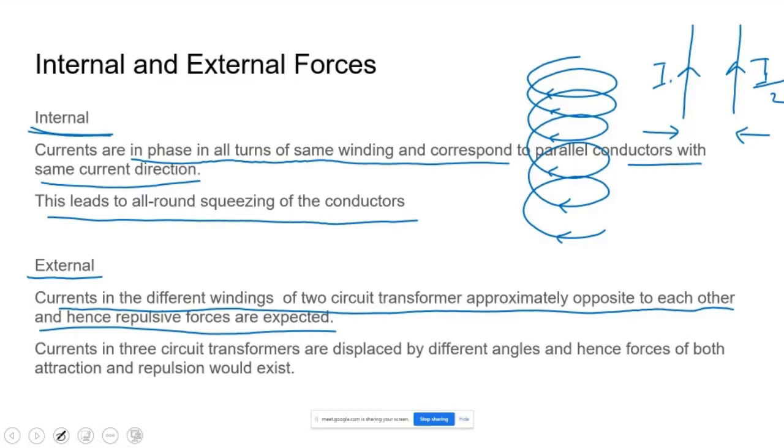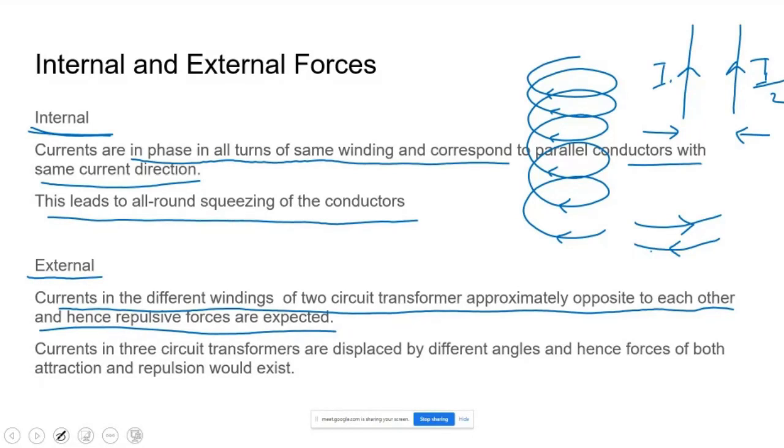The primary and secondary windings will have opposite currents. For example, if the primary winding current is going like this, in the adjacent layer above this, the secondary winding current will be going in exactly the reverse direction.